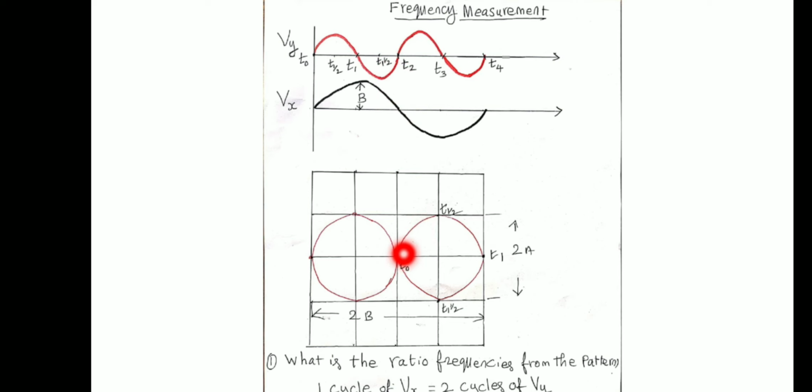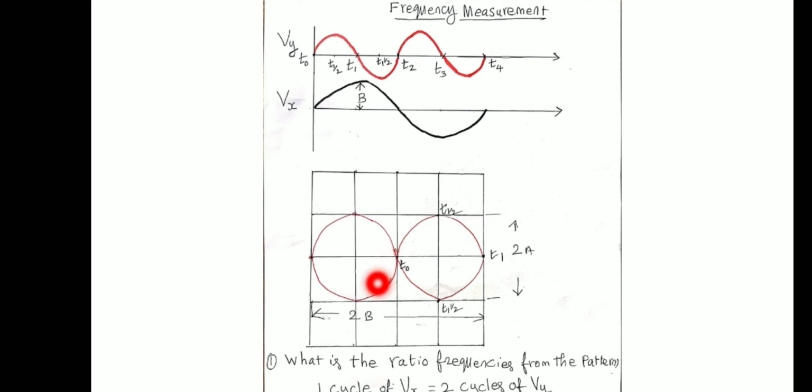So now again after t2, Vy increases to the maximum point, but Vx increases negatively. Now what happens? The same circle appears on the other side. That is, after t2, Vy is positive maximum voltage, Vx is also negative, right?